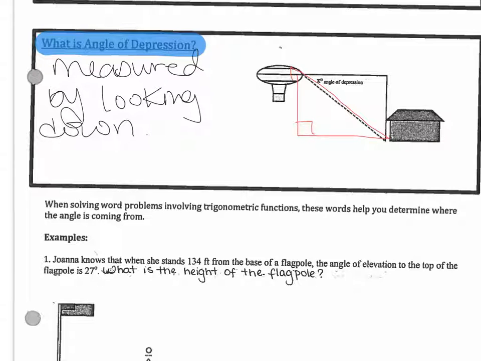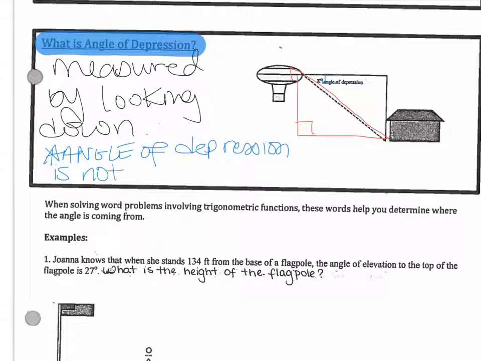And notice if you take a look at the angle of depression, it's actually not inside your triangle. So angle of depression is never inside the triangle. Not originally inside the triangle.